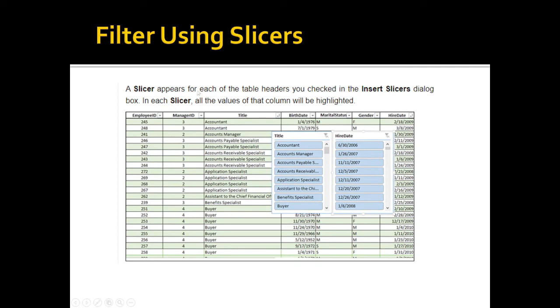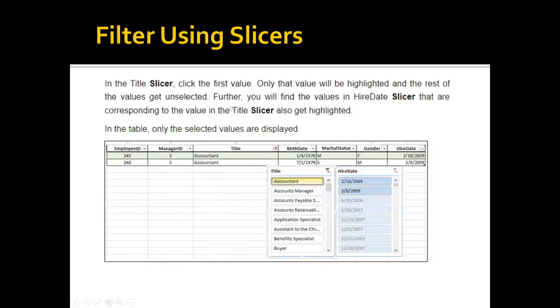A slicer appears for each of the table headers you checked in the Insert Slicers dialog box. In each slicer, so we have title and hire date, all the values of that column will be highlighted. In the title slicer, click the first value.